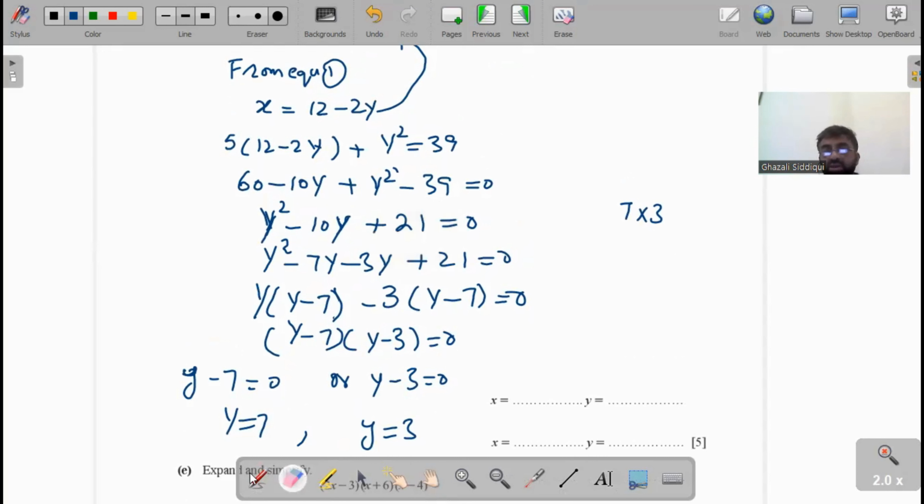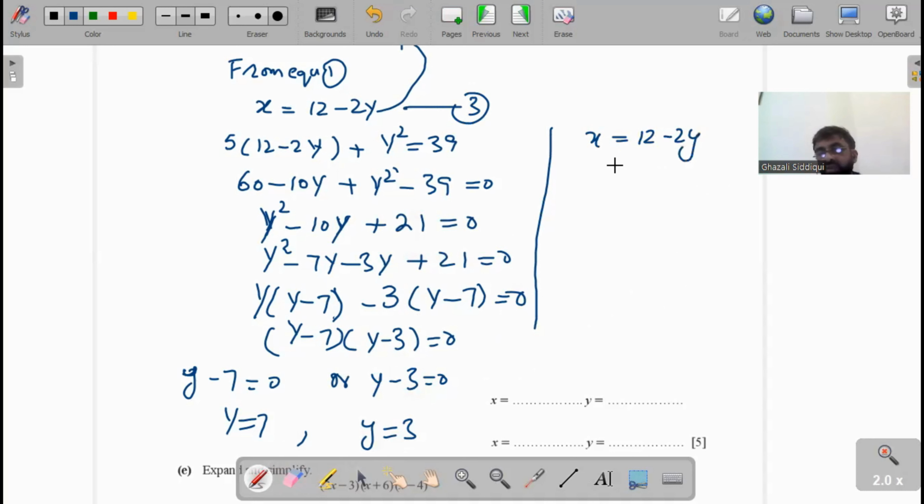This is the third equation. For this, x equal to 12 minus 2y. When y equal to 3, we get x equal to 12 minus 2 times 3, which is 6.